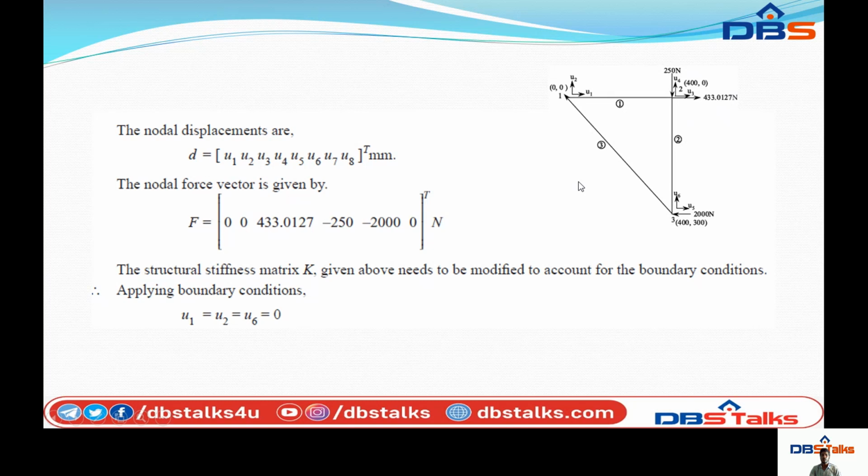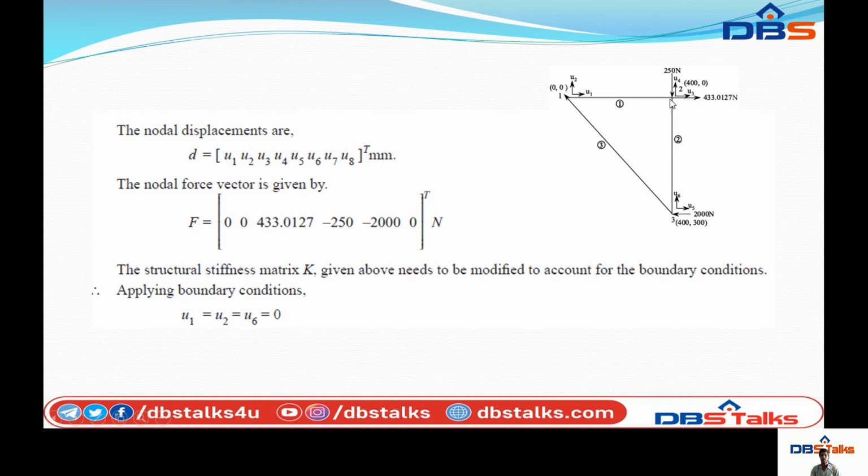So those nodes are taken into consideration. At node 1, there is no movement in the horizontal and vertical directions, so U1, U2 are fixed by the fixed support. U3, U4 are movable.